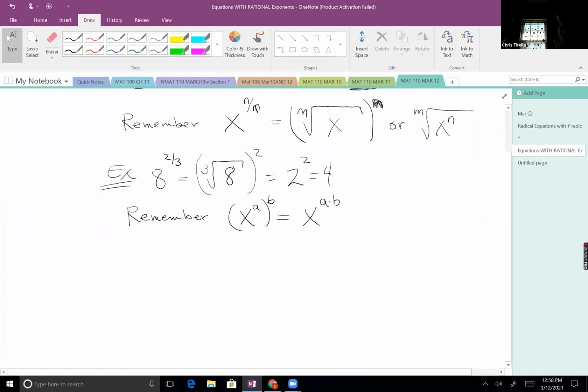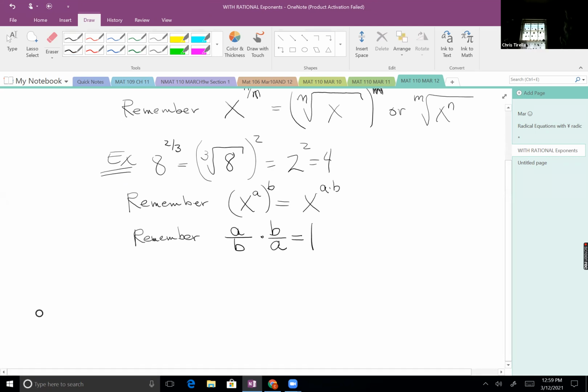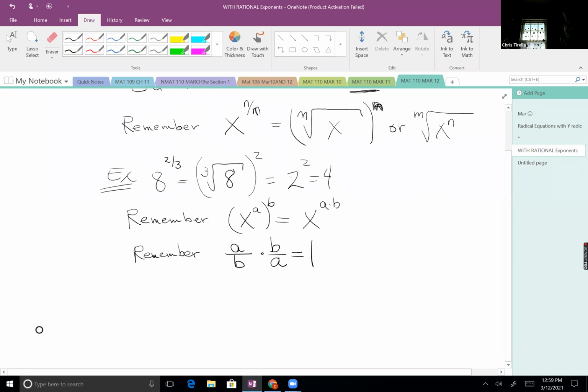And the third thing that you need to remember is, if I multiply a fraction by its reciprocal, the product is 1. And so I need to have all of those things in mind when I solve an equation with rational exponents.